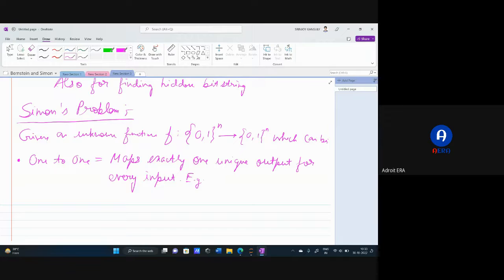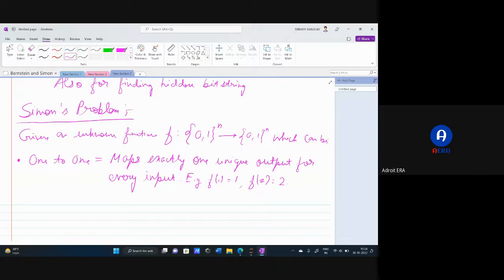Example, f of 1 is 1 and f of 2 is 2. This is just an example.